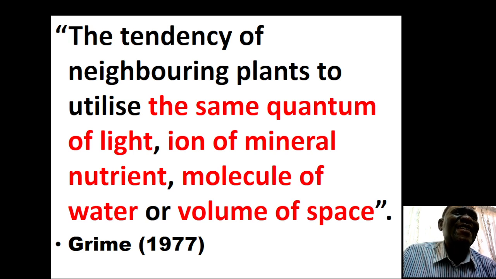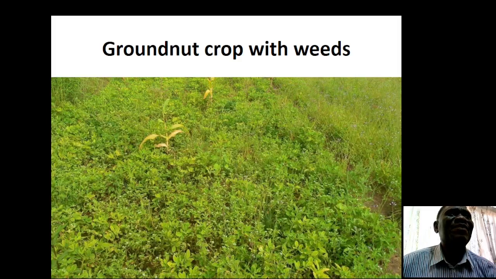It is the tendency of neighboring plants to utilize the same quantum of light, ion of mineral nutrient, molecule of water, or volume of space. So probably this should also remind us that weeds and crops also compete for space, which was not apparent in the first definition.